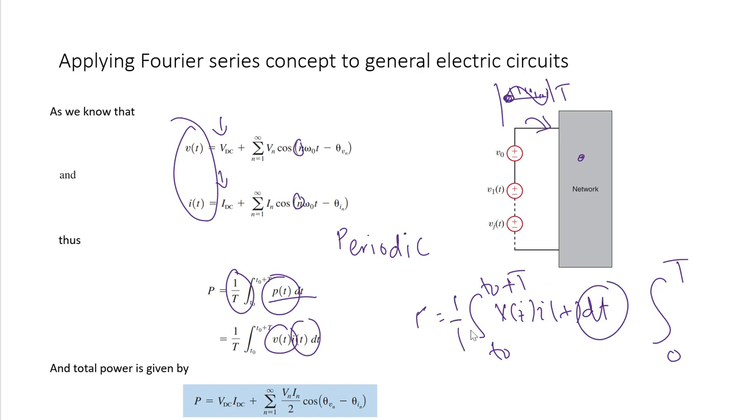And then we divide by the whole period, because this is average power over one period. If we do not use this, it will be a total power, so total power is not calculable. It is always infinity for such cases.